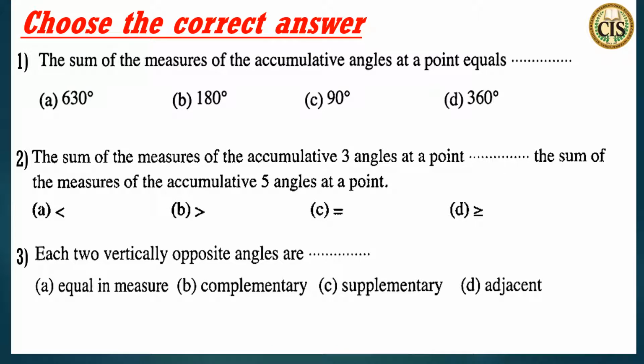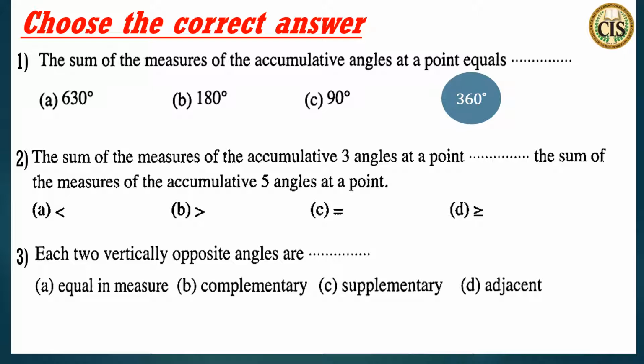Now more exercises. Choose the correct answer. Number 1, the sum of the measures of the accumulative angles at a point equals 360 degrees. Number 2, the sum of the measures of the accumulative 3 angles at a point, and number 3, the sum of the measures of the accumulative 5 angles at a point: smaller than, bigger than, equal, or bigger than or equal.